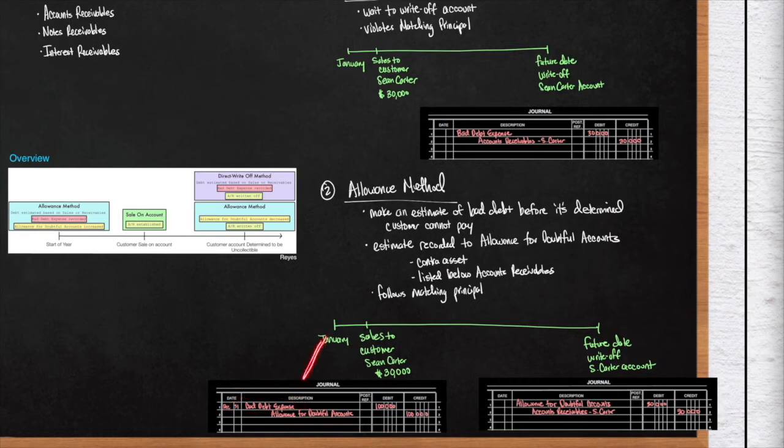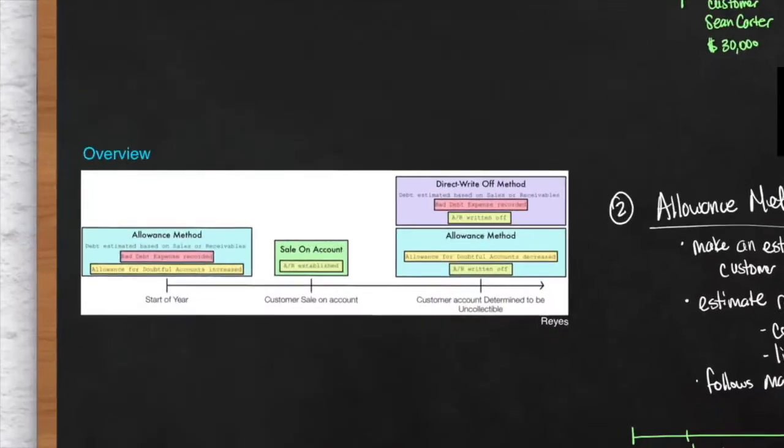In other words, you're recording the bad debt even before you determine which customers will not pay in the future. So there's a difference between the direct write-off method and the allowance method.